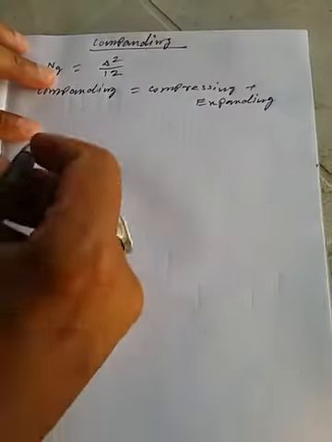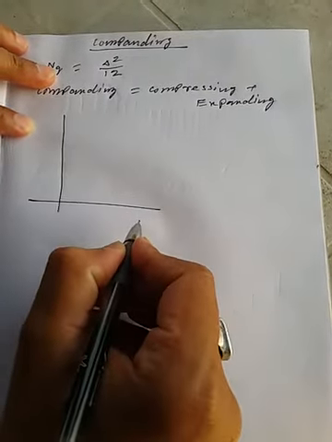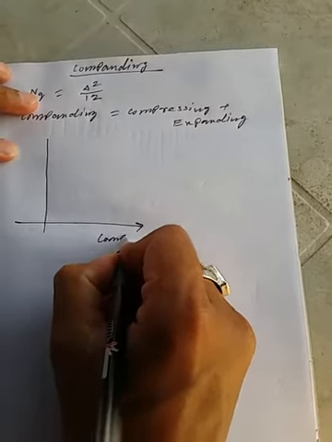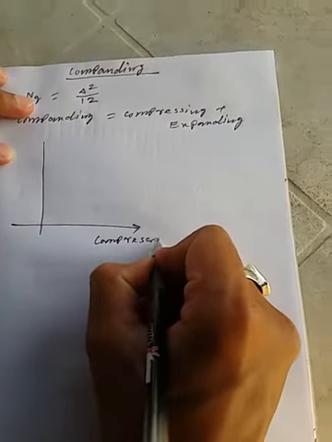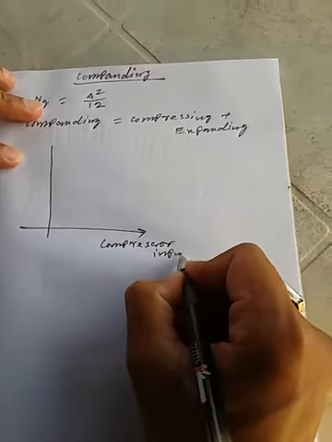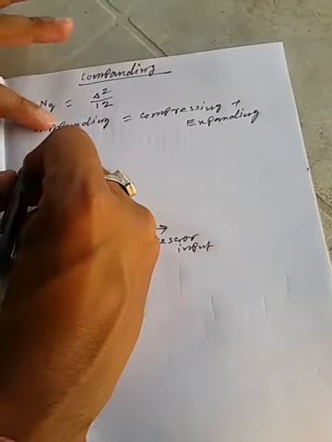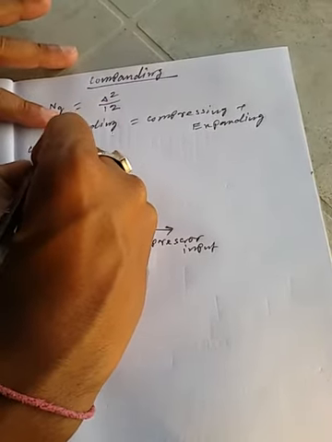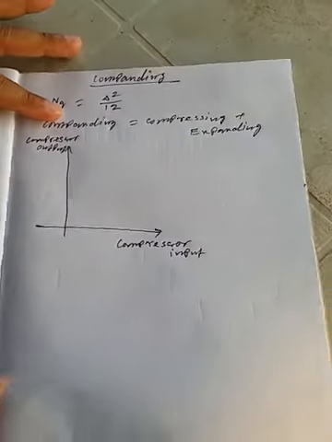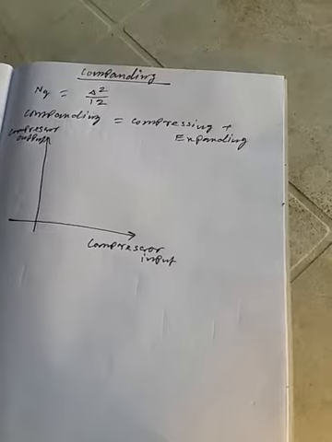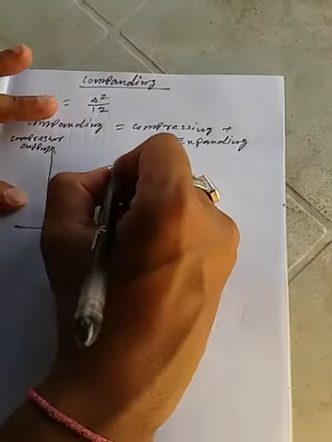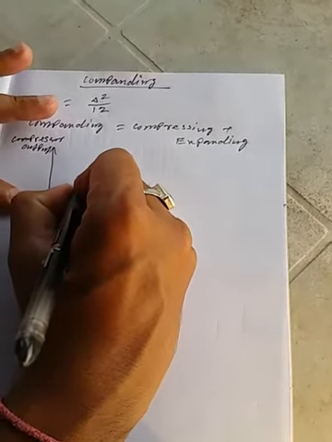Now what is the compressor characteristics? If you see in a two-dimensional figure, if along the x-axis there is compressor input and along the y-axis compressor output, so the characteristic curve of the compressor looks like this. Okay, there are various points.